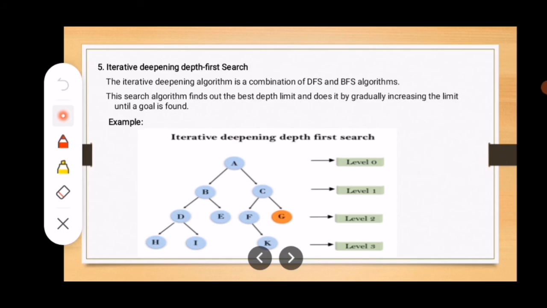Then the second iteration is A, B, C. The third iteration is A, B, D, E, C, F, J, G. Then the fourth iteration is A, B, D, H, I, E, C, F, K, and G. So, we stop at the fourth iteration because we have found the goal node G.